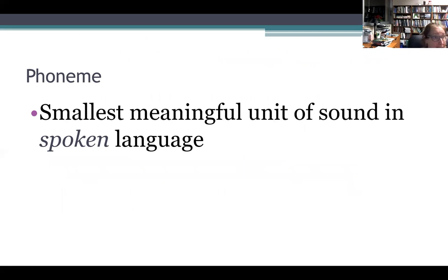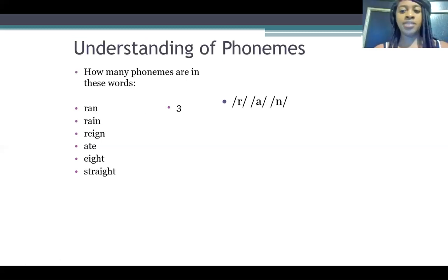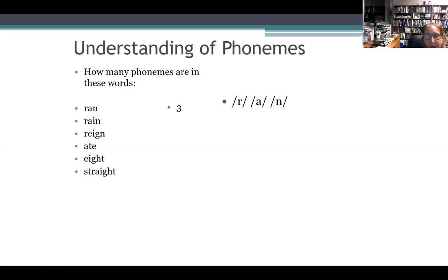In the word bat, it certainly is, right? So how many phonemes in the first word? Would it be 3? It is 3. Each sound is useful. How many in the second word?